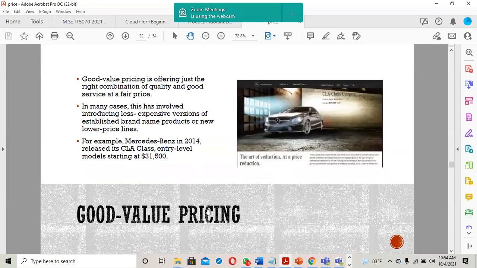Now, good value pricing is like a scaled down version of value-based pricing. So again, it is based on value. But here we are setting a much fairer price. We could have at least gone for a higher price, but we are not doing that. We are being a little bit fair. We know that the price that we set for this product is higher than the actual cost of the product.